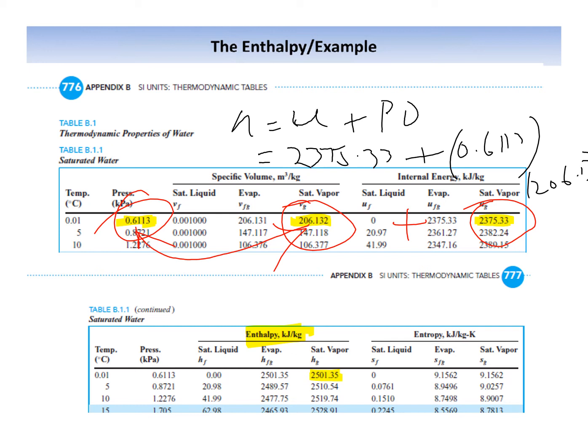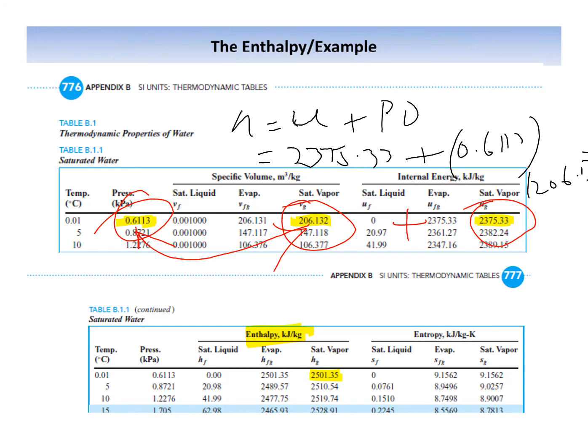We will use the information of quality, find the respective volume, multiply by the pressure, and then use the quality again to find the internal energy. We will take the product of volume into pressure plus internal energy, and it will be equal to the enthalpy of the system.